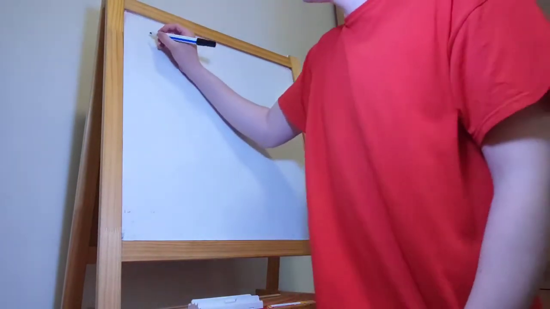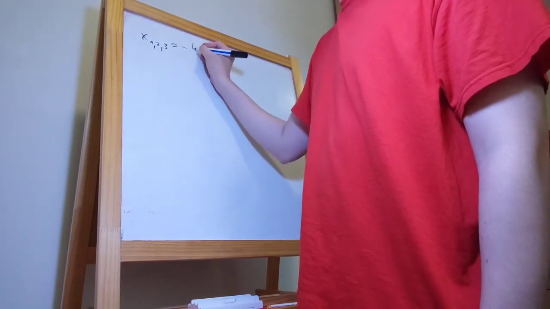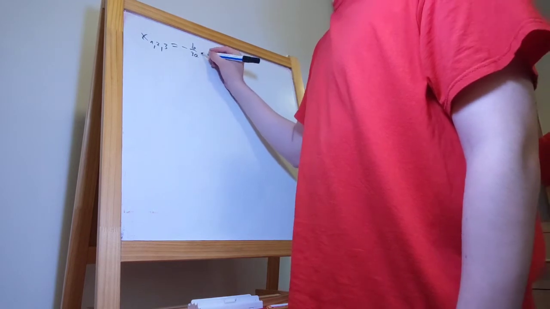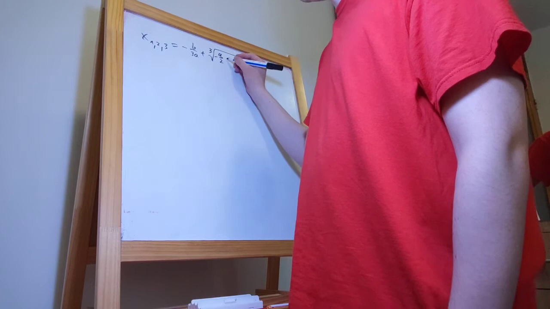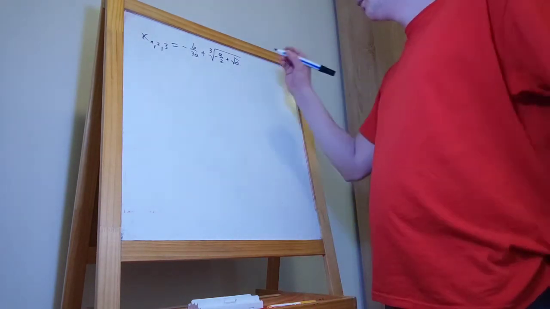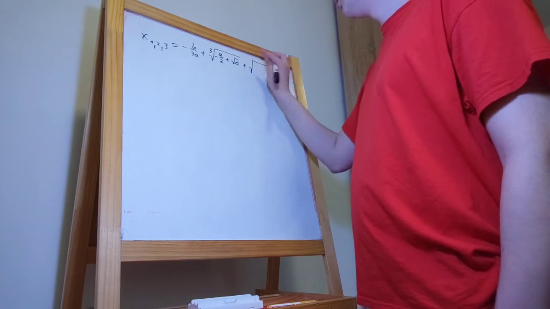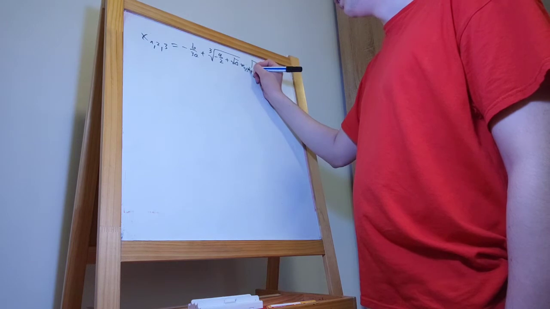So, recall the roots, I'll just write it again for you, you don't have to pay very much attention. This is the cube root of minus q over 2 plus the square root of delta, and, sorry, I forgot to multiply by omega 1, 2, 3, don't forget that.